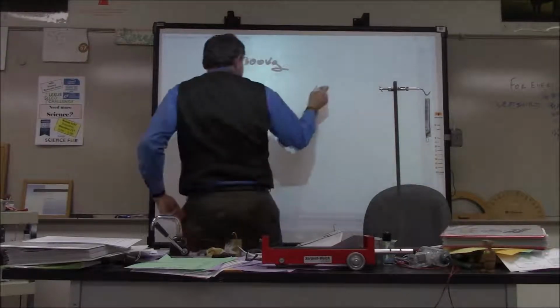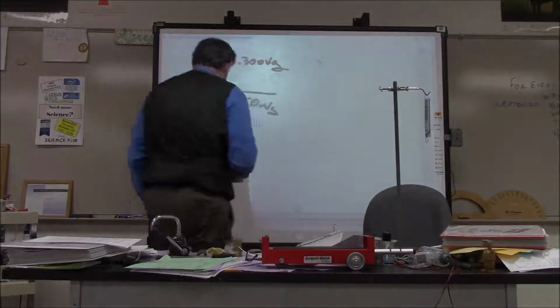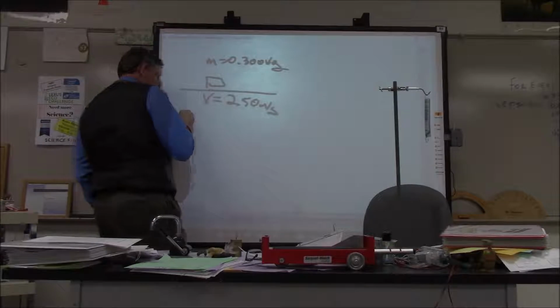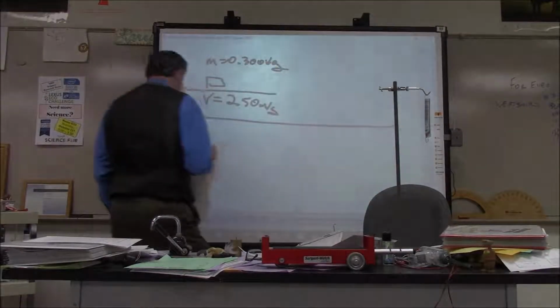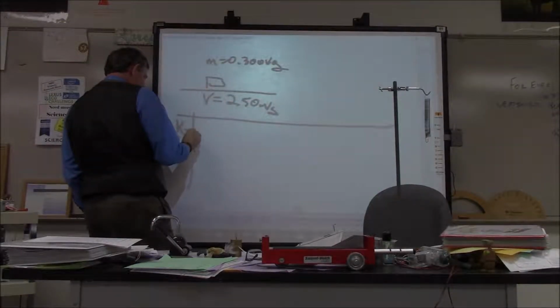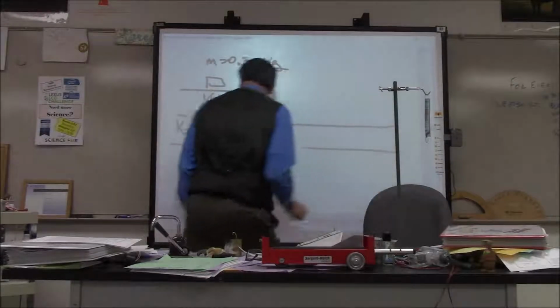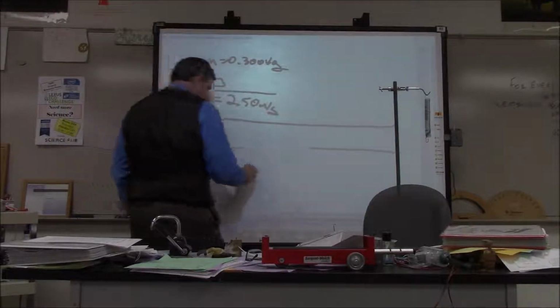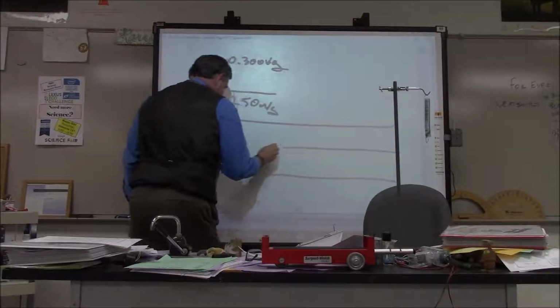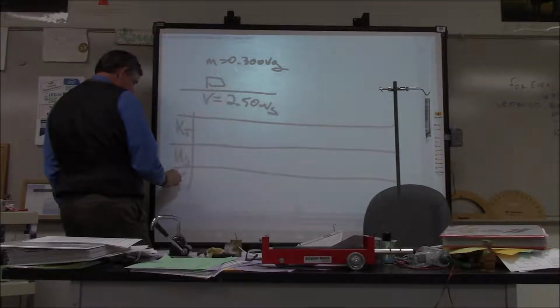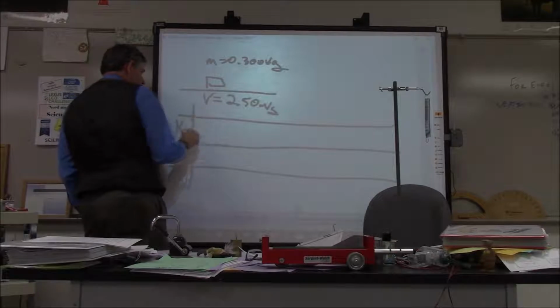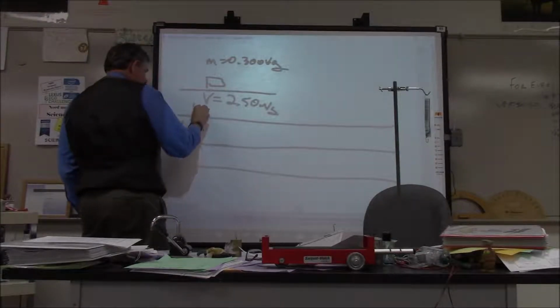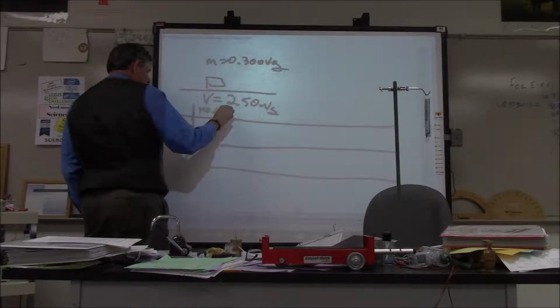So what you want to do is set up a chart and go, okay, well, let's look at this actually. So I'm going to have some kinetic energy. I'm going to have a spring involved, right? And for now, that's it. And then I'm going to have the sum. So initially, I'm just moving.